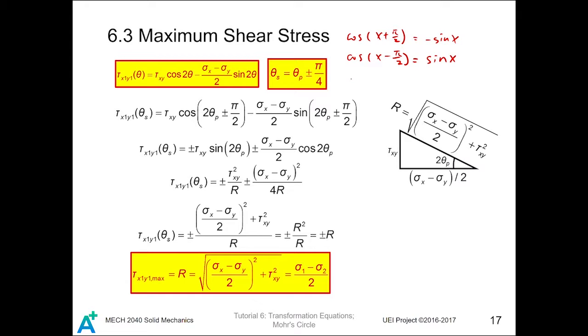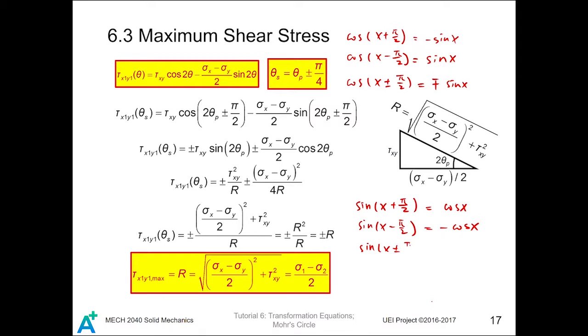Then we get cosine (x ± pi/2) equals ∓ sine x. Similarly, sine (x plus pi/2) equals cosine x. Sine (x minus pi/2) equals minus cosine x. Then we have sine (x ± pi/2) equals ± cosine x.